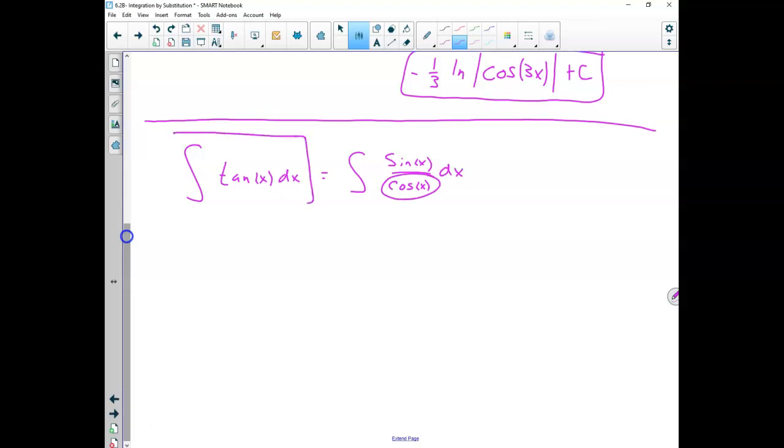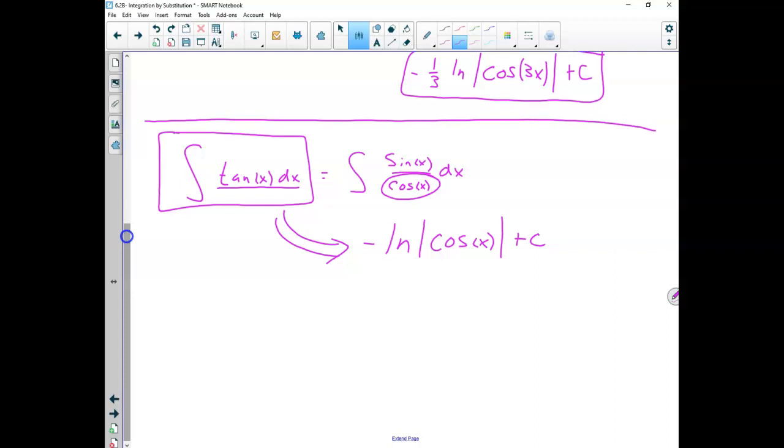So the antiderivative of a tangent x is actually going to equal, what is it going to equal? Negative ln absolute value cosine x plus c. Okay, so that's what it can be, and you have to be able to look at equivalence.